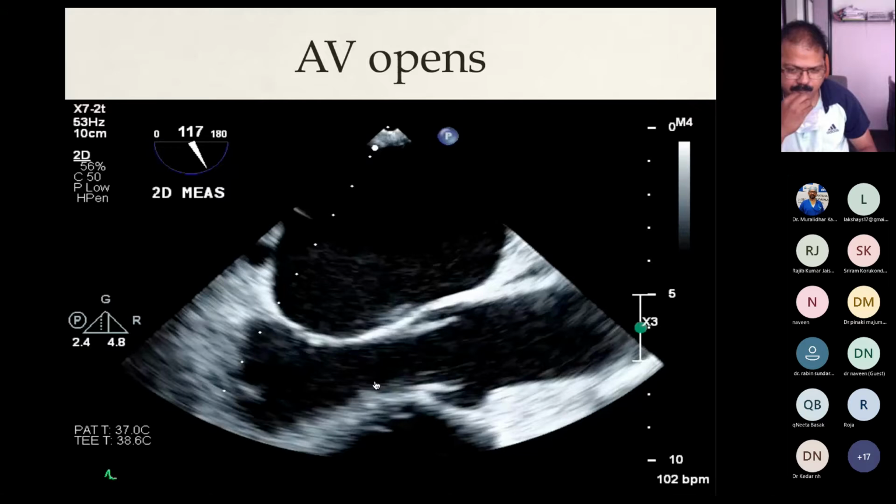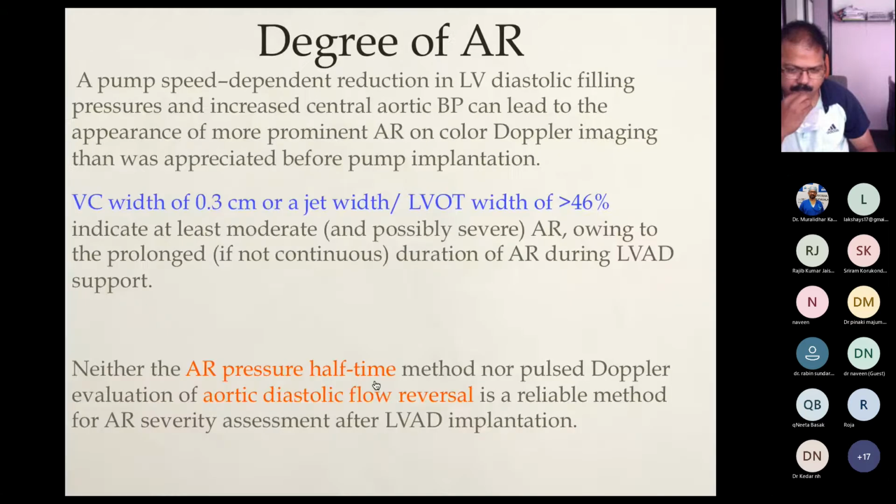Again, after LVAD implant, you have to assess the AR, because the left ventricular end-diastolic pressure has reduced by the LVAD. So the AR, which was masked, now will be unmasked. But this time only two parameters can measure the AR, that is the vena contracta and the jet width by LVOT width.